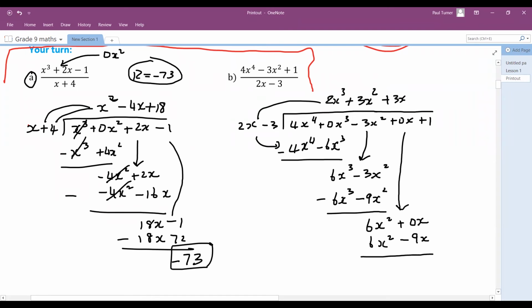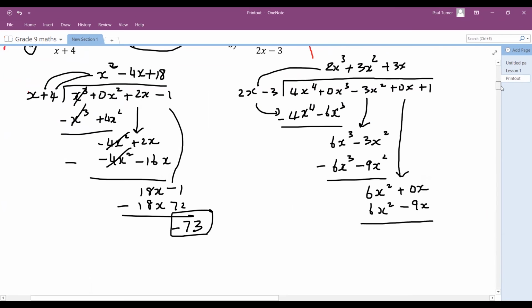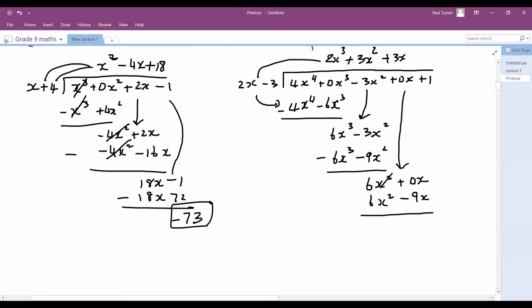So 6x squared minus 6x squared, that's 0. We'll go up a bit. So that would be 0. 0 minus negative 9 is 9x. We bring down the 1.